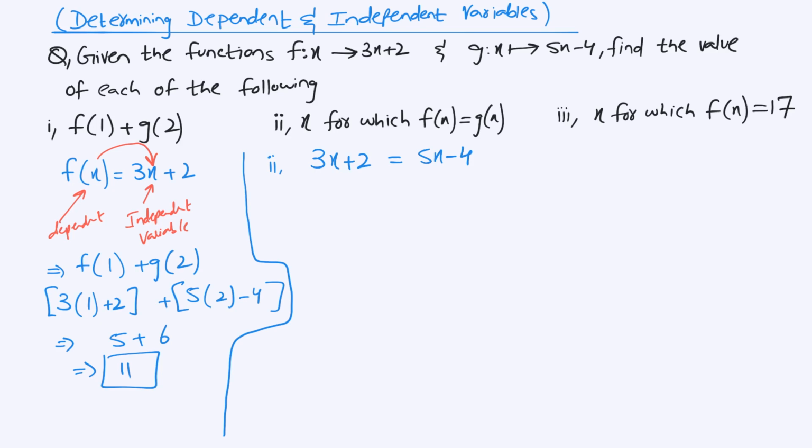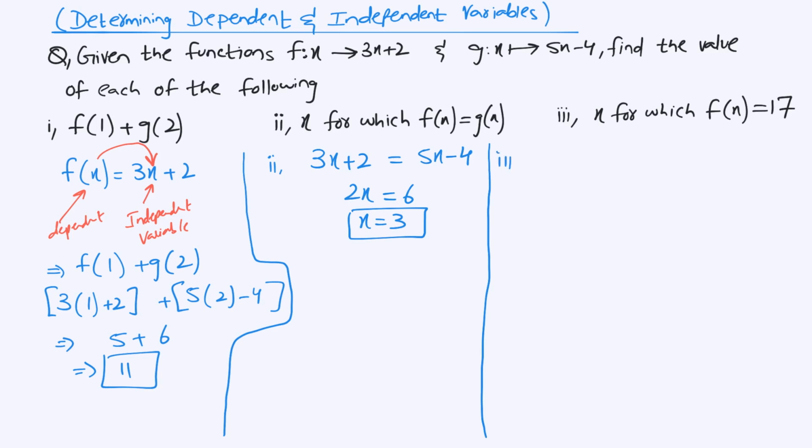You will equate the two functions and solve for x, and you will get the value of x as 3. So for x equals 3, f of x will be equal to g of x.